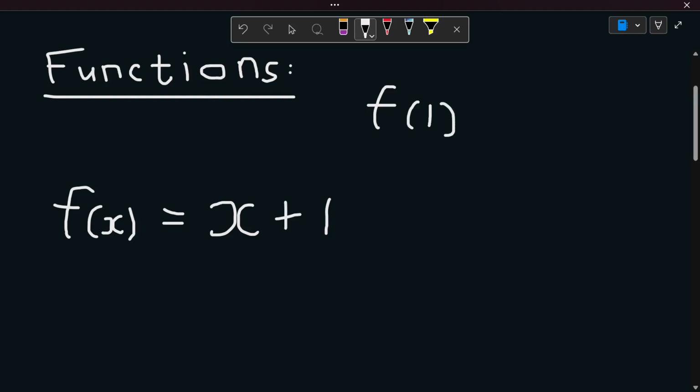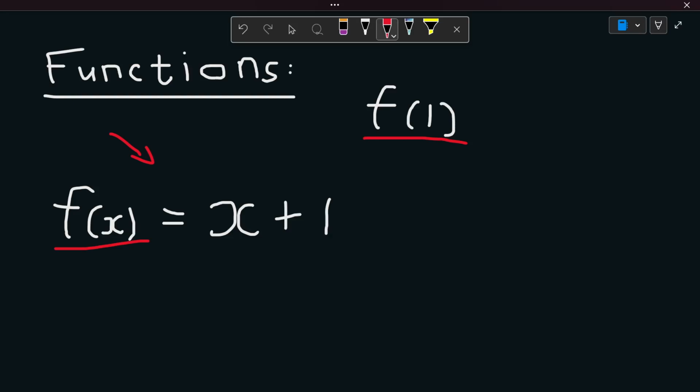So, as you can see over here, right? What does this f of 1 over here look like within this equation over here? Do you not agree with me that f of 1 is similar to f of x over here? But what is the difference? The difference is that there's not an x in the f of 1. It's now a 1. The 1 is being replaced by x.